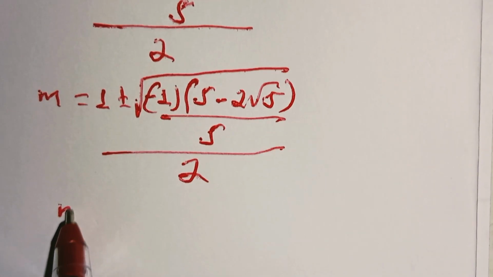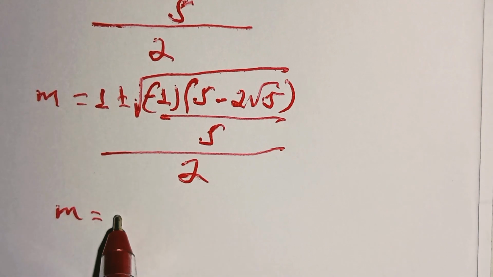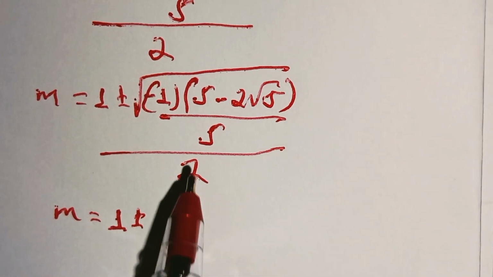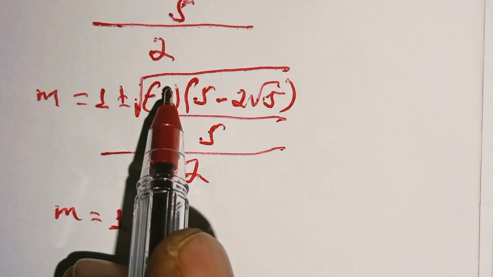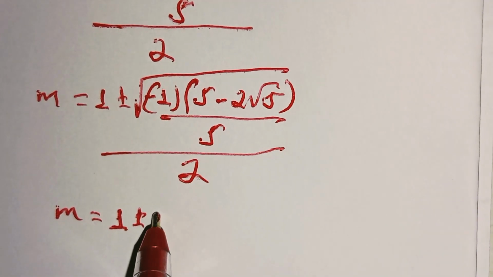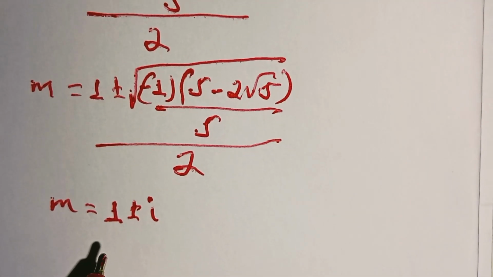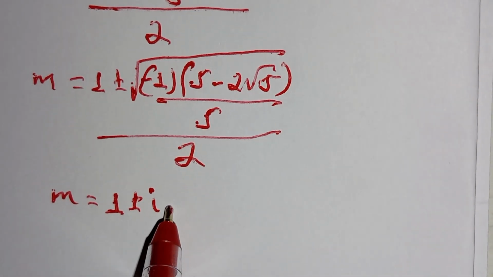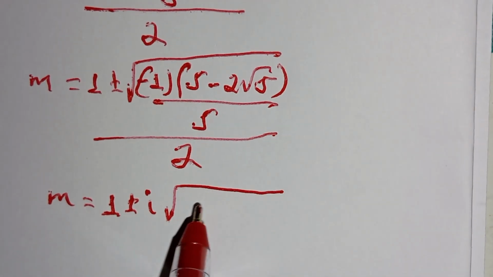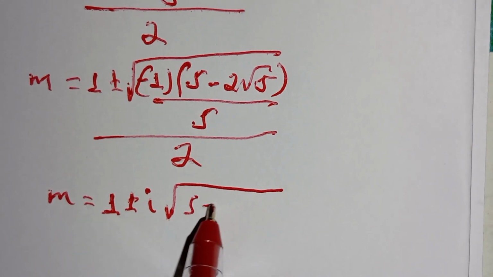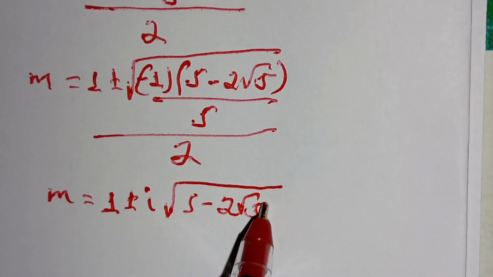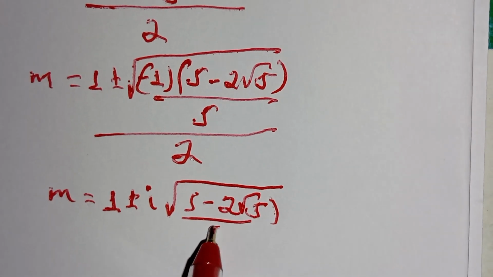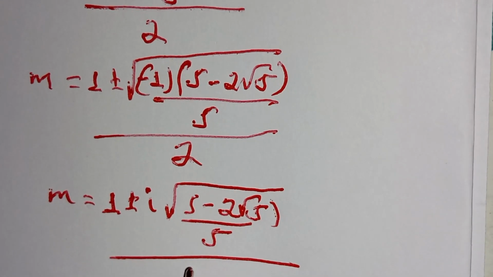And m is equal to 1 plus or minus this minus 1 under radical. Minus 1 means i, this complex number i, under radical 5 minus 2 root 5 over 5 over 2.